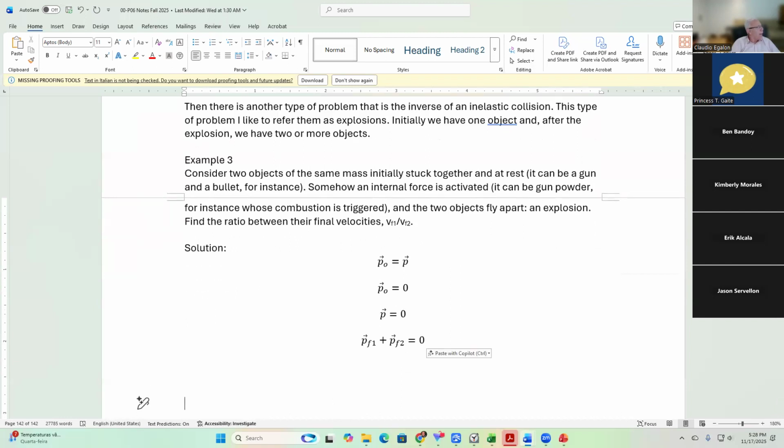We go ahead and write down, spell out what final momentum of 1 is all about and what final momentum of 2 is all about: m v_f1 plus m v_f2. We can put the mass in evidence.